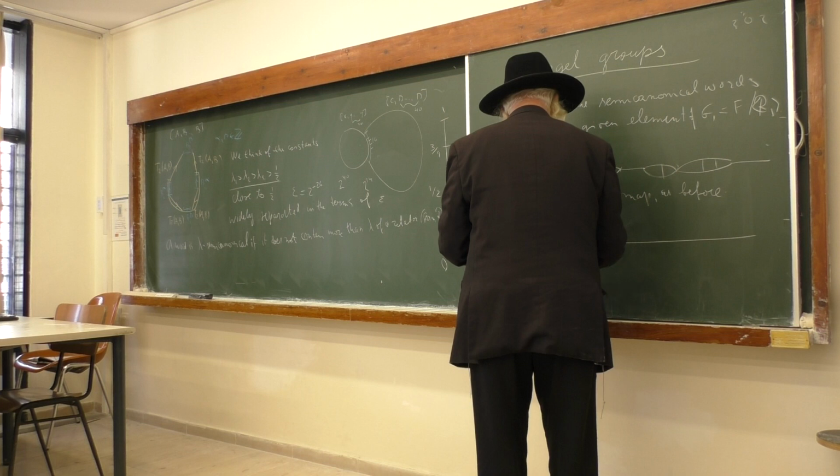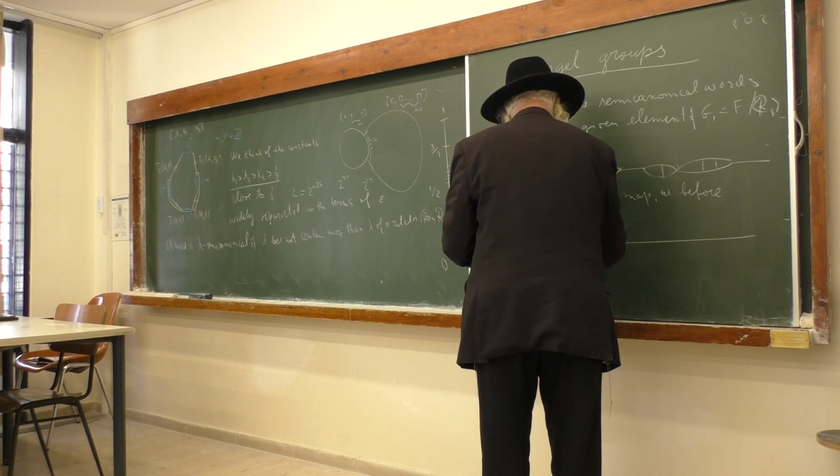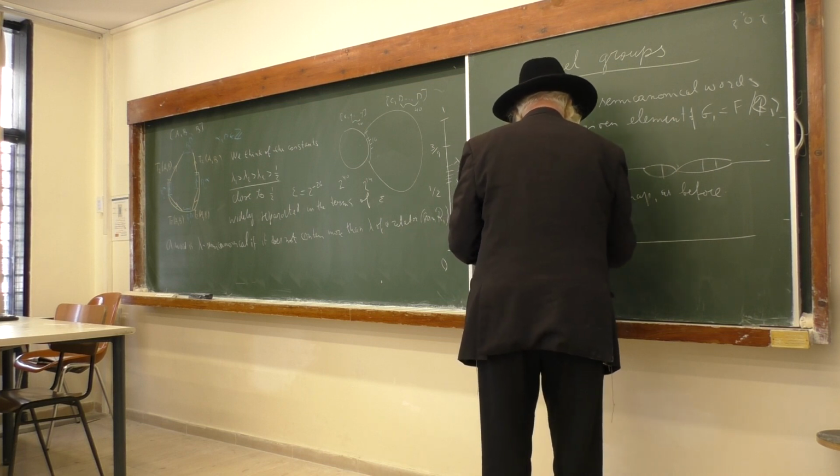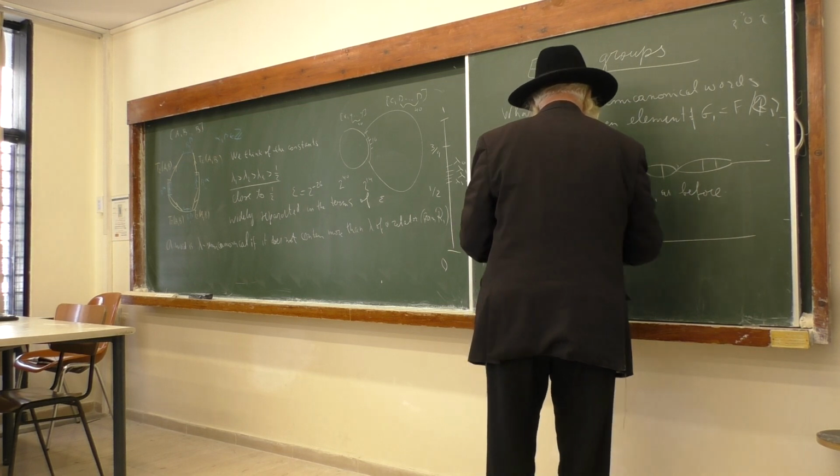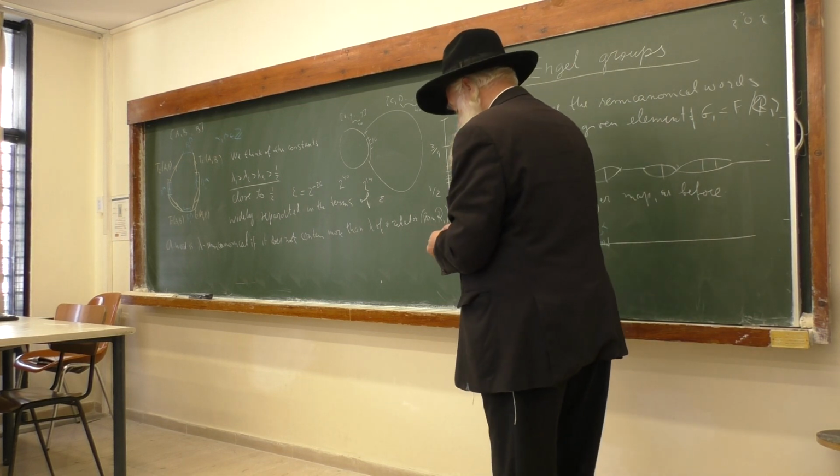Then we have here b to the power beta, and here we had b to the power alpha. And what's in between?